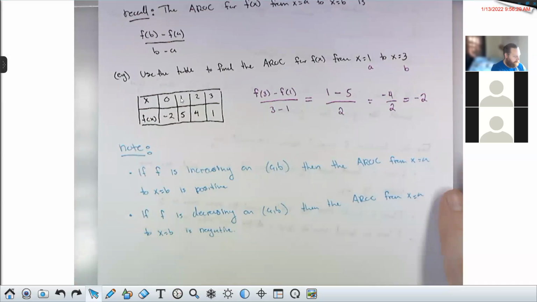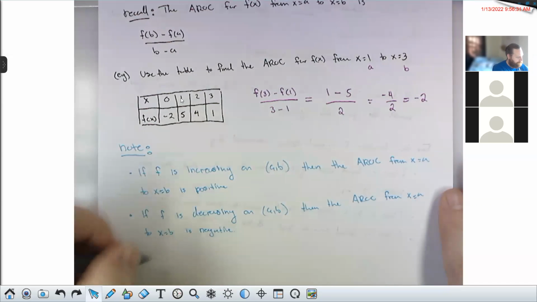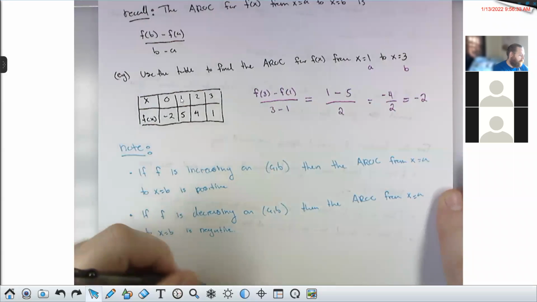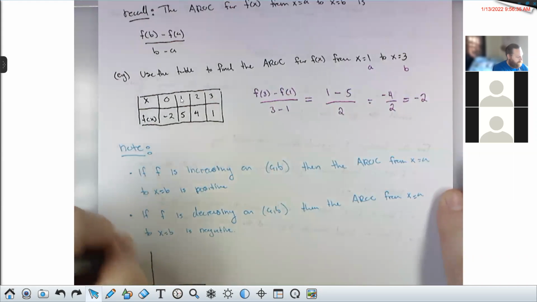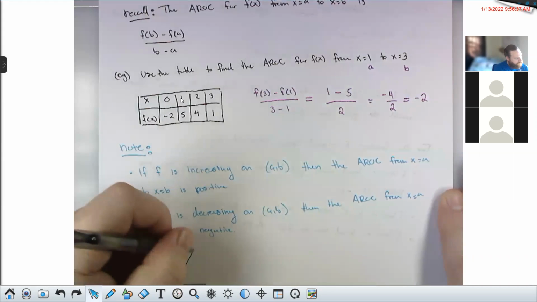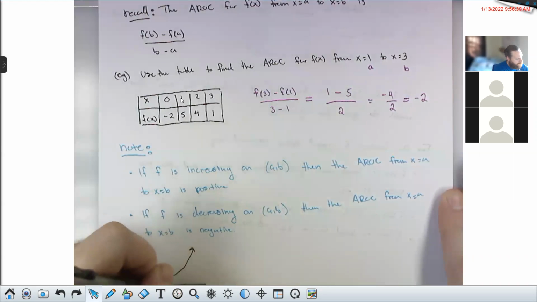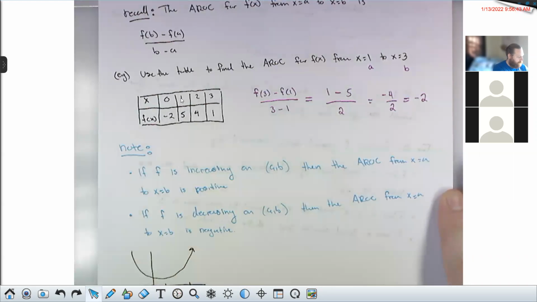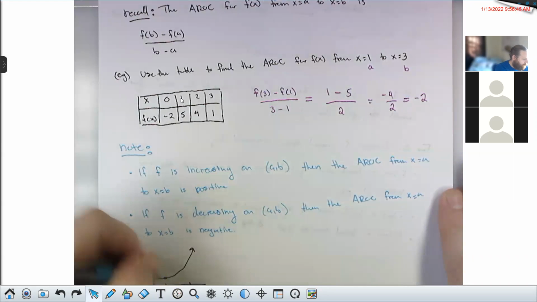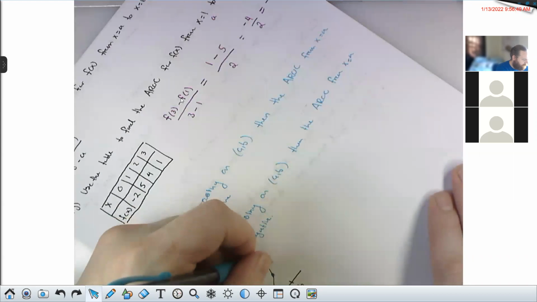Right, so if you have a function that's always increasing, or at least increasing from A to B, remember you can think of the average rate of change as the slope of the secant line.